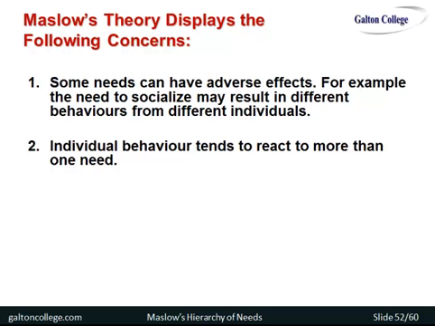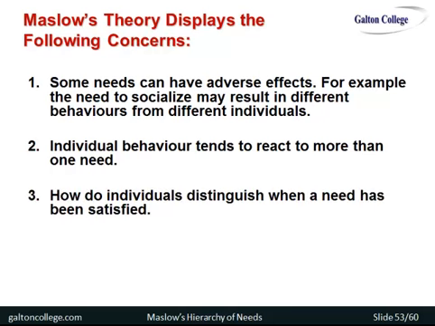And we often see within the trade union system, for example, the trade unions making claims on organisations for more remuneration for their members and job security. So the two elements are combined. So sometimes behaviour tends to react to more than one need.